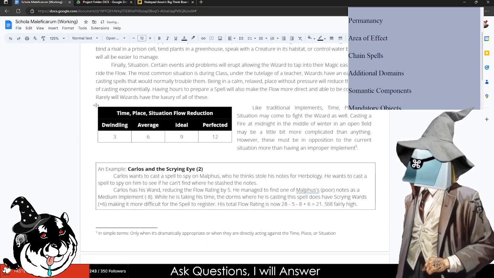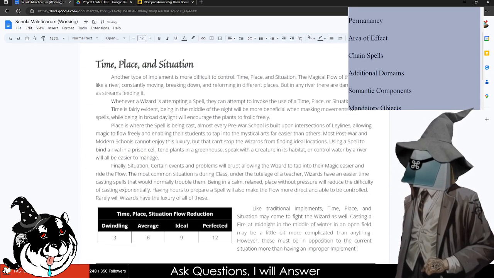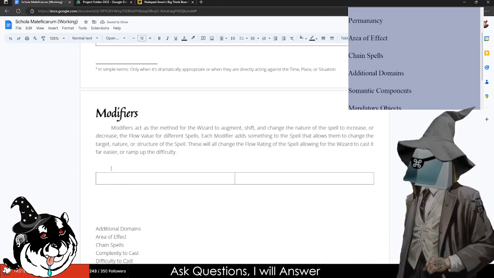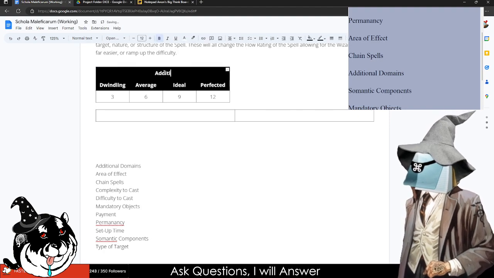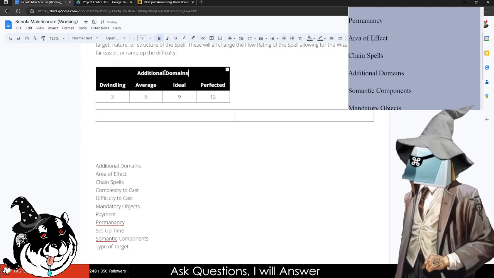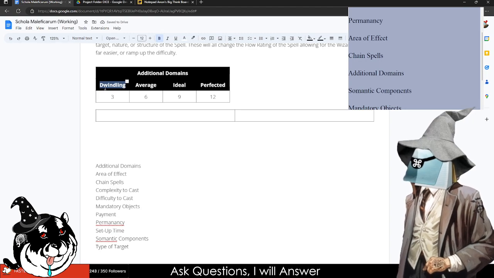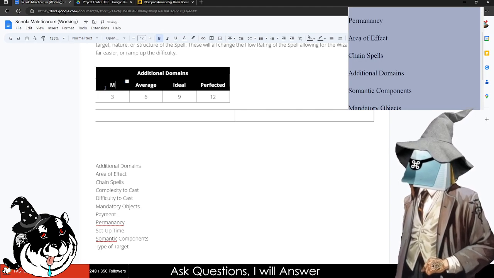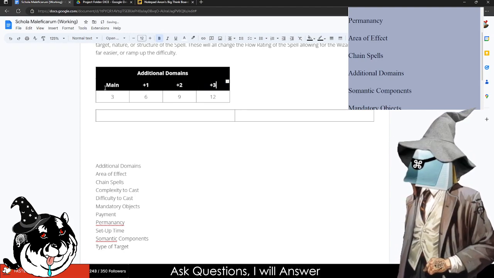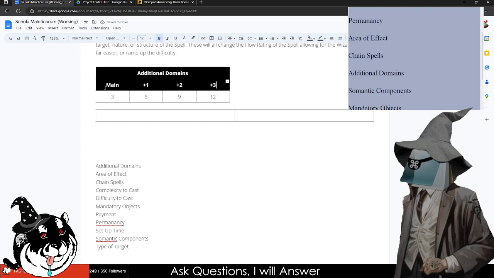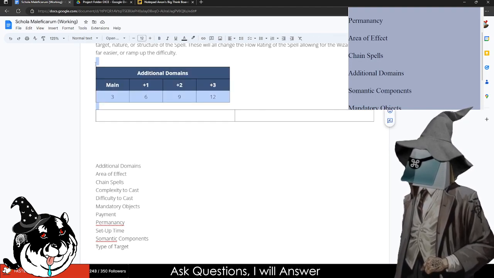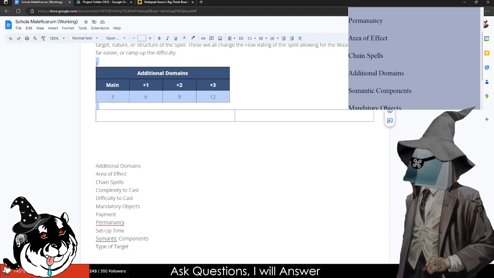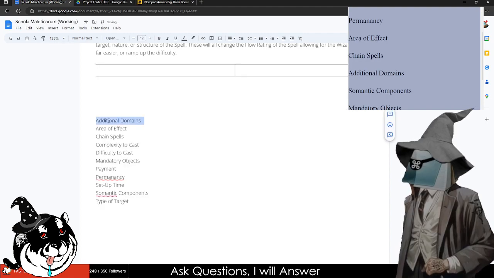So what you're going to be is additional domain. Zero additional domain, pretty much main domain, plus one, plus two, plus three. No, we don't need additional domain.